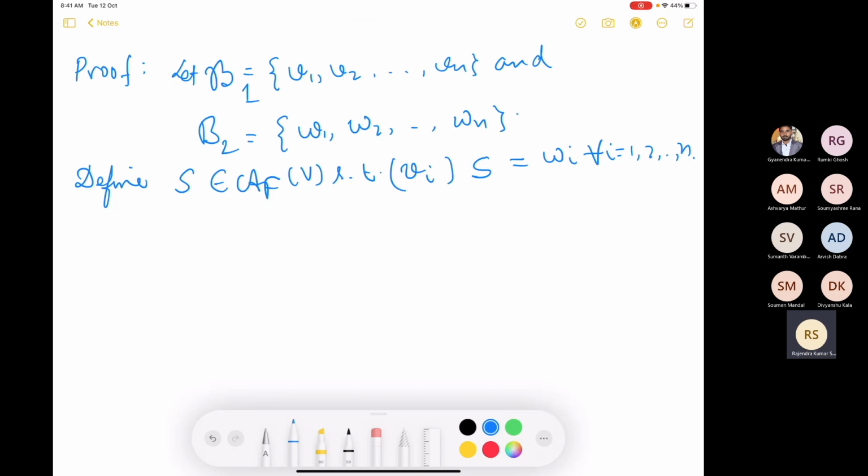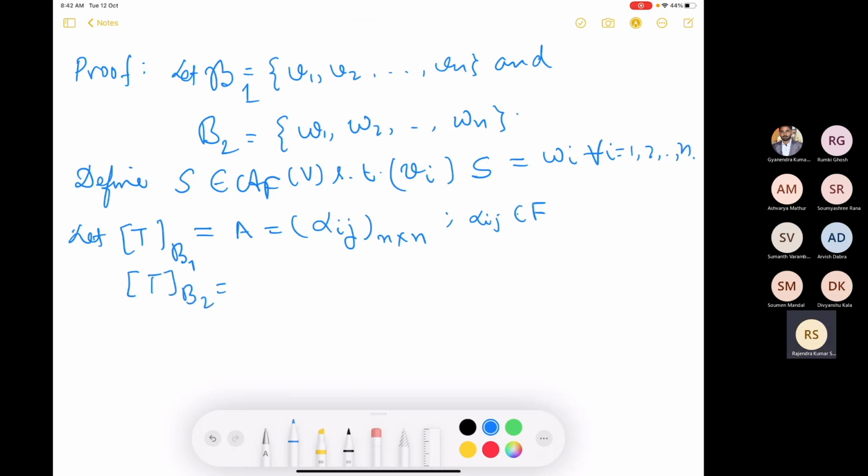Suppose we call the matrix of T with respect to B1 as A, with entries alpha ij, n by n, where alpha ij are from F. Also call the matrix of T with respect to B2 as B, with entries beta ij, n by n, with beta ij in F. What does it mean?